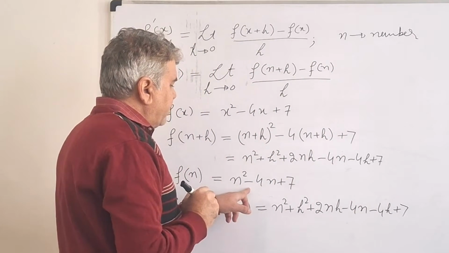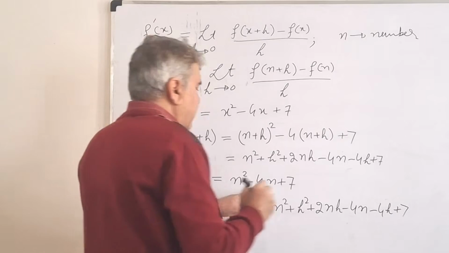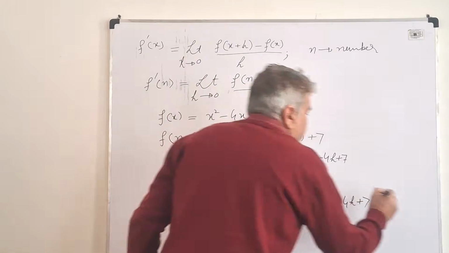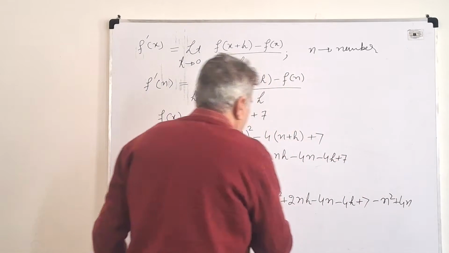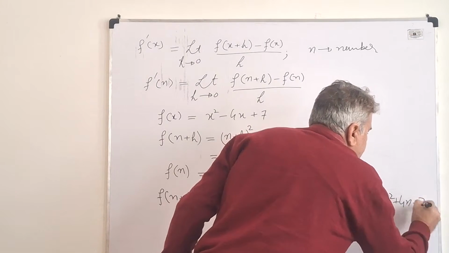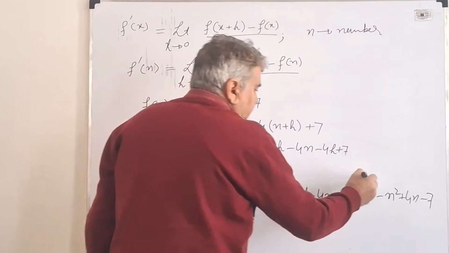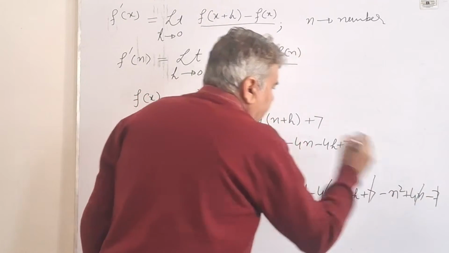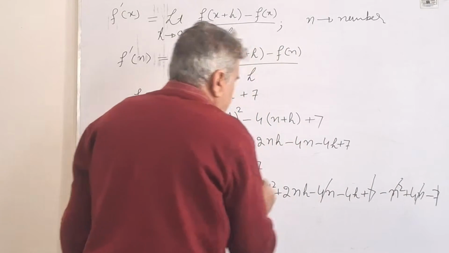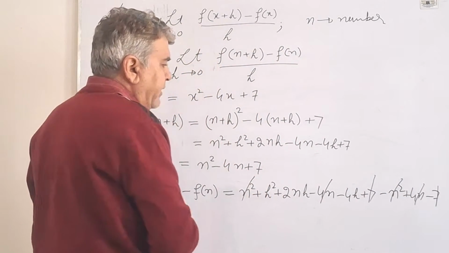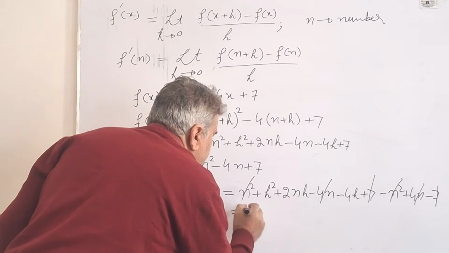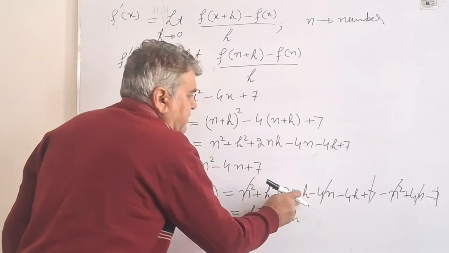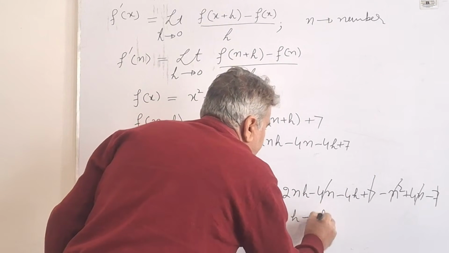And then I'm subtracting this, so I will change the signs: minus n squared, and minus 4n would become plus 4n, and this plus 7 would become minus 7. So we see I can cancel this 7 with this 7, this minus 4n with this 4n, this n squared with this minus n squared, and we are just left with h squared plus 2 times nh, this term, minus 4 times h.